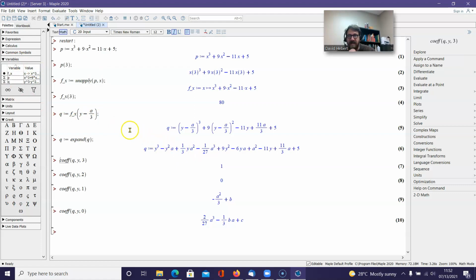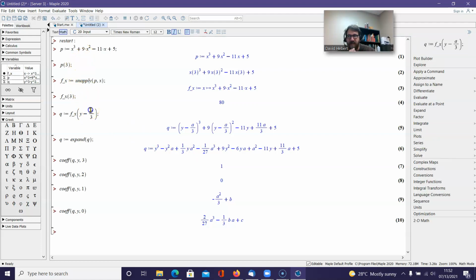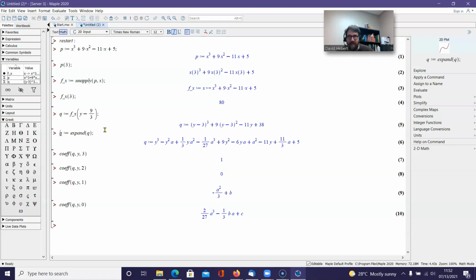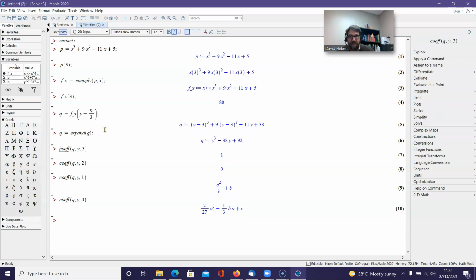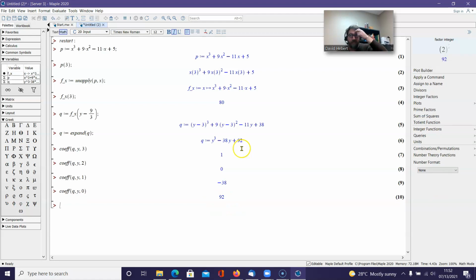I shouldn't have A's, but remember when we did this, we did 1/3 of A. A is now 9. I have to remember to put 9 right there instead of an A, and I'm going to hit enter. And now it looks like all numbers. Now when I expand Q, there it is. And notice I have y cubed minus 38y plus 92. And I can go down and find every one of my coefficients and they would match.